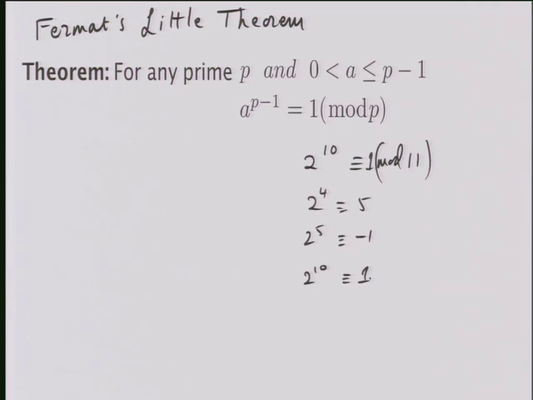So here's how the proof goes. We want to show, let's do this for 4, that 4 to the 10 is congruent to 1 mod 11. Any number mod 11, so pick an arbitrary a.